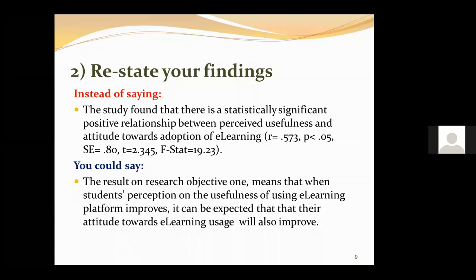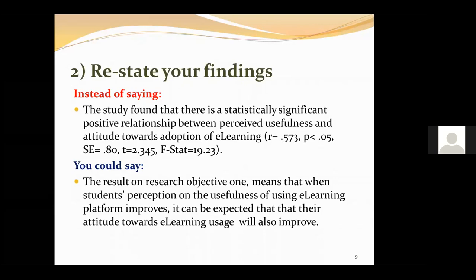Instead of reproducing what you have in the previous chapter, describe your results clearly using as little statistical jargon as possible. Apply the layman test, okay? Apply the layman test. How would you describe your results to educated people outside the field so that they'll be able to understand them? What I'm saying is tone it down to a layman's language.